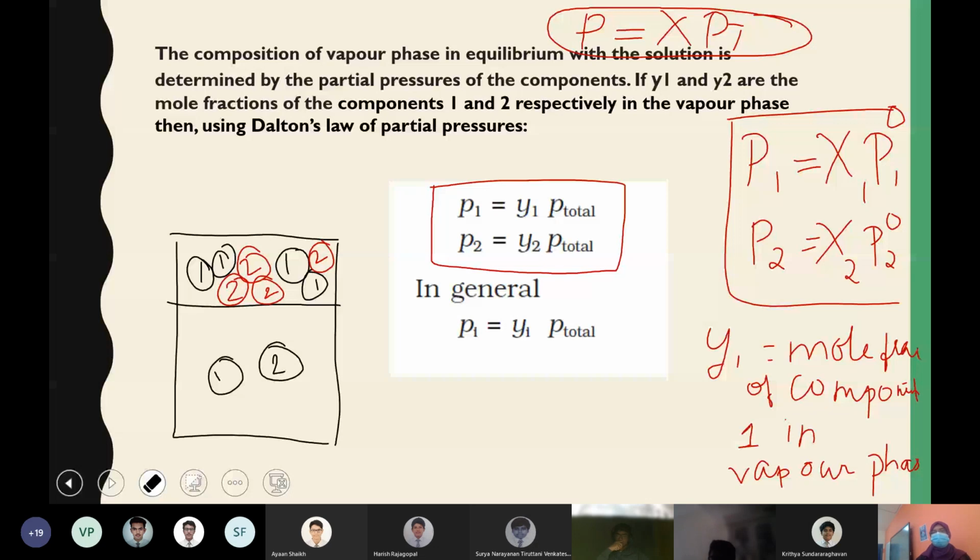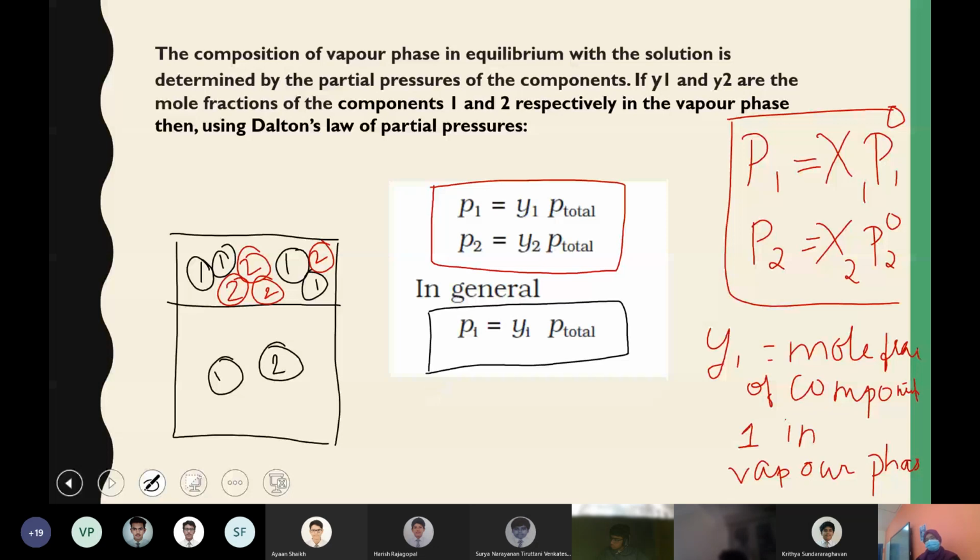But in actual case, we use mole fraction as chi only. When we discussed Dalton's law, at that time also we were using chi. Only here, in order to differentiate them, the mole fraction in the vapor phase is taken as Y1 and Y2. In general you can write partial pressure is always equal to mole fraction into P total.